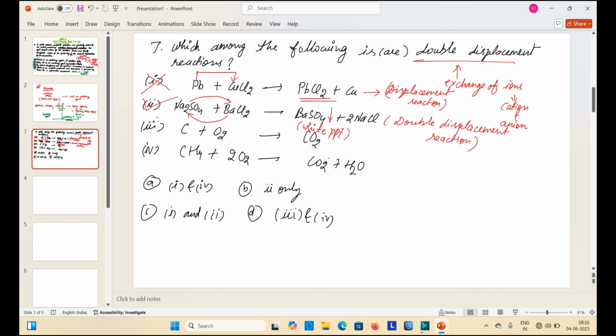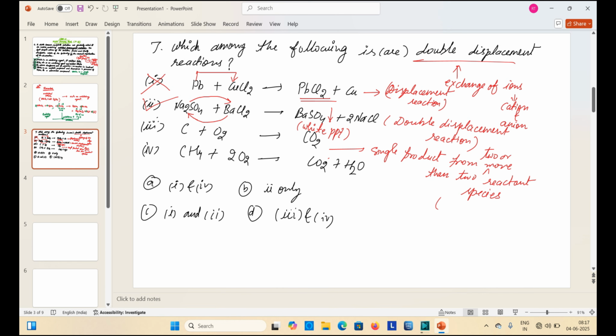Here C plus O2 is giving you CO2, a single product from two or more than two reactant species.